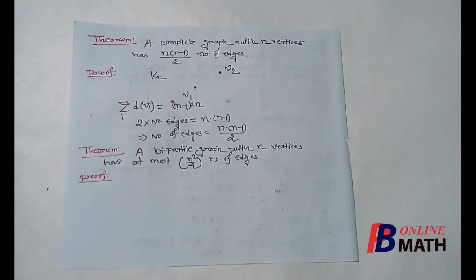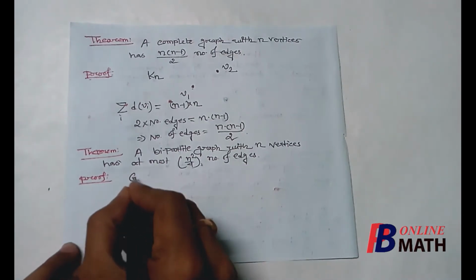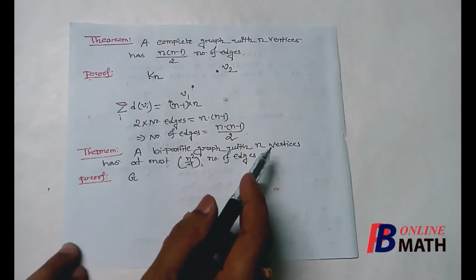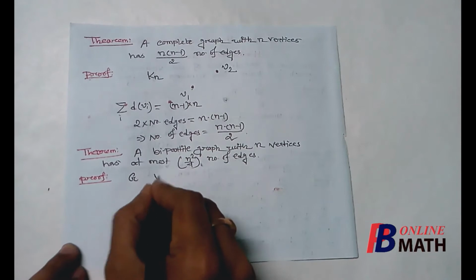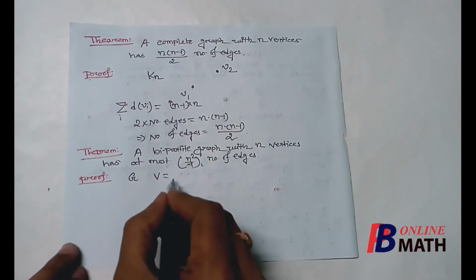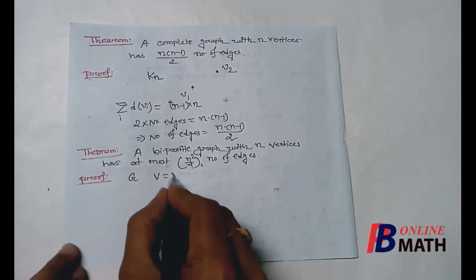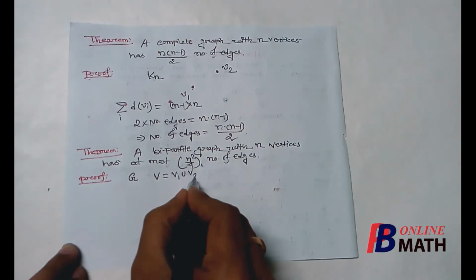We consider one more theorem here, that a bipartite graph with n vertices has at most n square by 4 edges. So we shall prove this theorem. So suppose we have a bipartite graph G which has n vertices. We know that in a bipartite graph, the set of vertices V can be written as the union of two subsets V1 and V2.